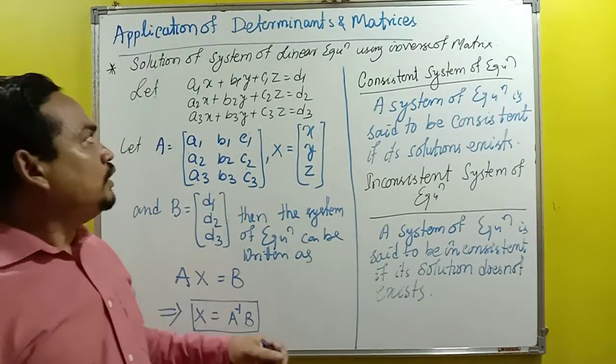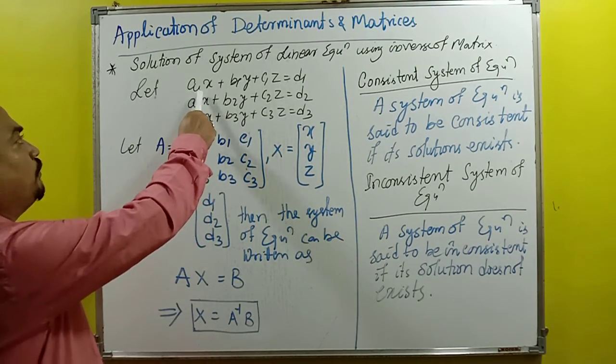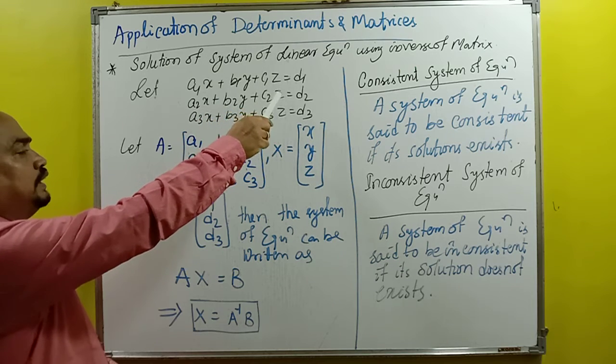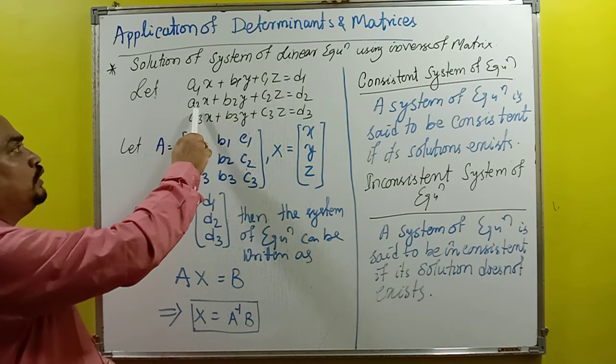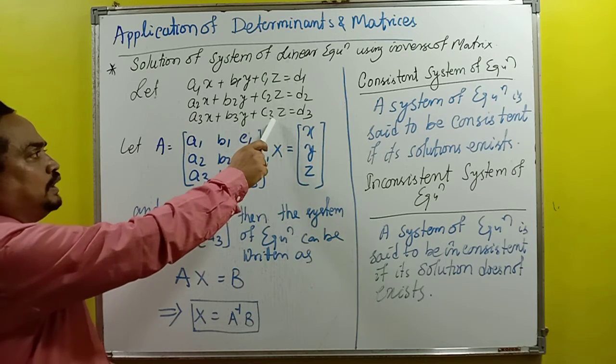Let us consider the system of equations: a1x + b1y + c1z = d1, a2x + b2y + c2z = d2, a3x + b3y + c3z = d3.